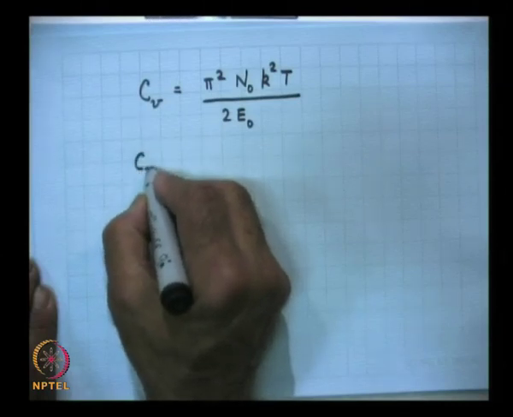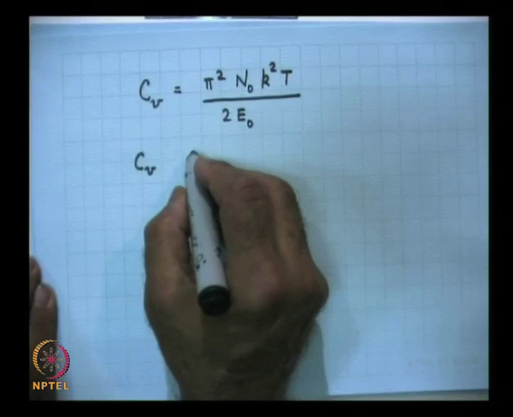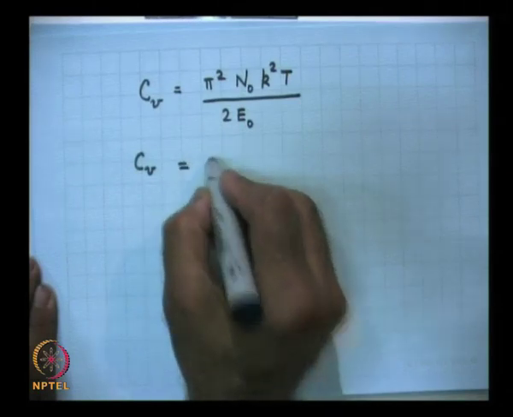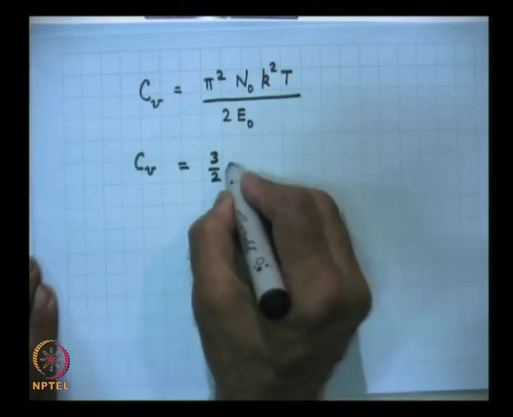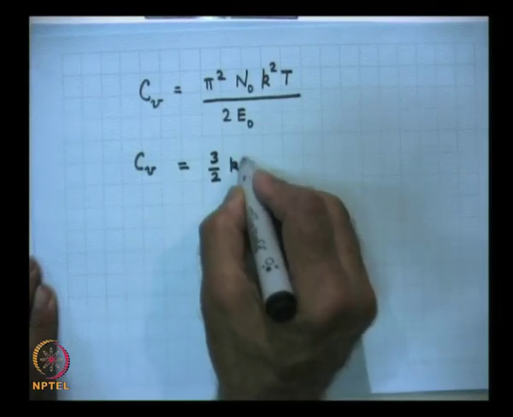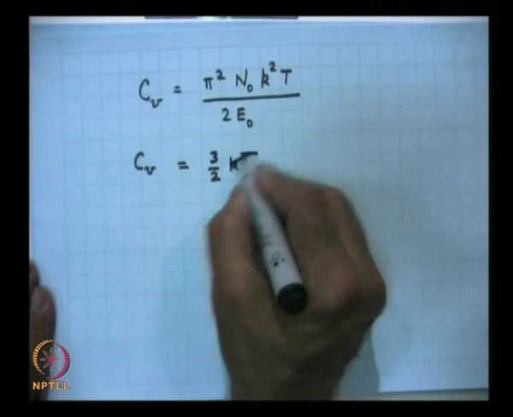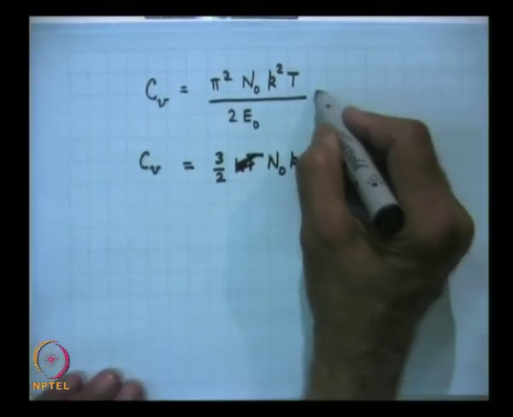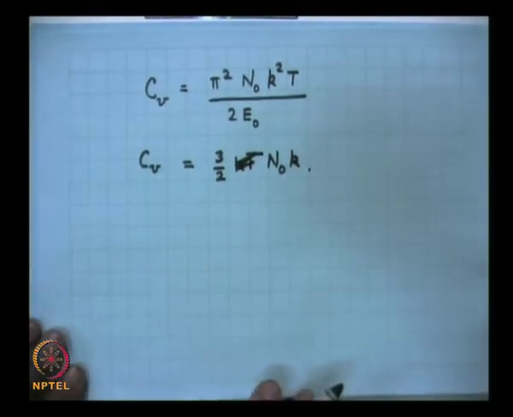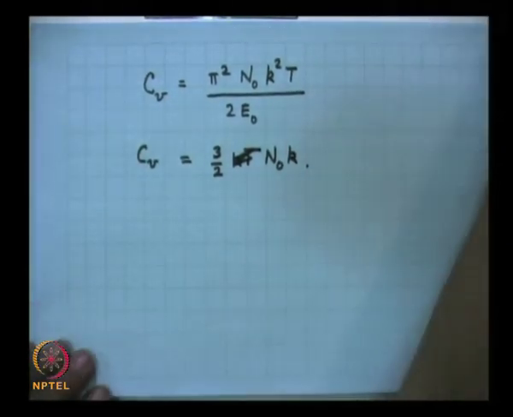If I consider this to be a free gas, then the specific heat at constant volume comes out to be 3/2 N0 k.